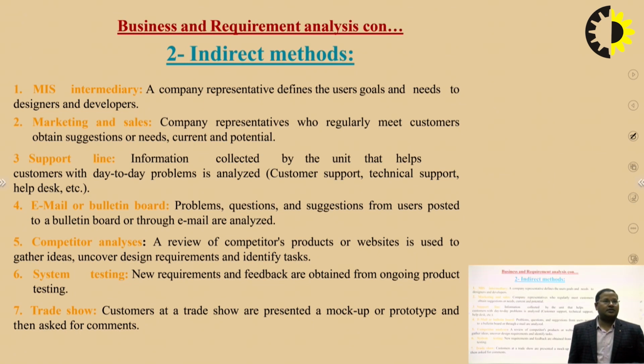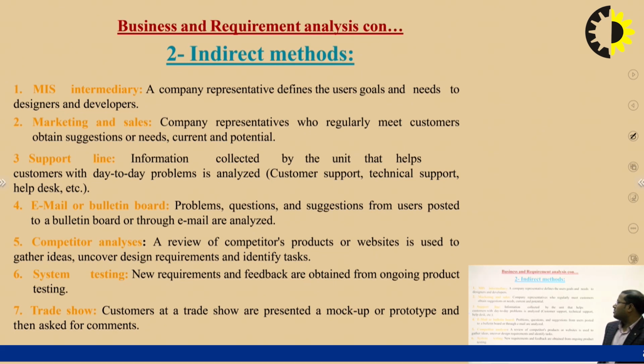This is the second category, and there are different subtypes given here in case of the indirect method. The first one is the MIS intermediary. A company representative defines the user goals and needs to the designer and developer. Marketing and sales. Company representatives who regularly meet customers obtain suggestions on needs, current and potential.